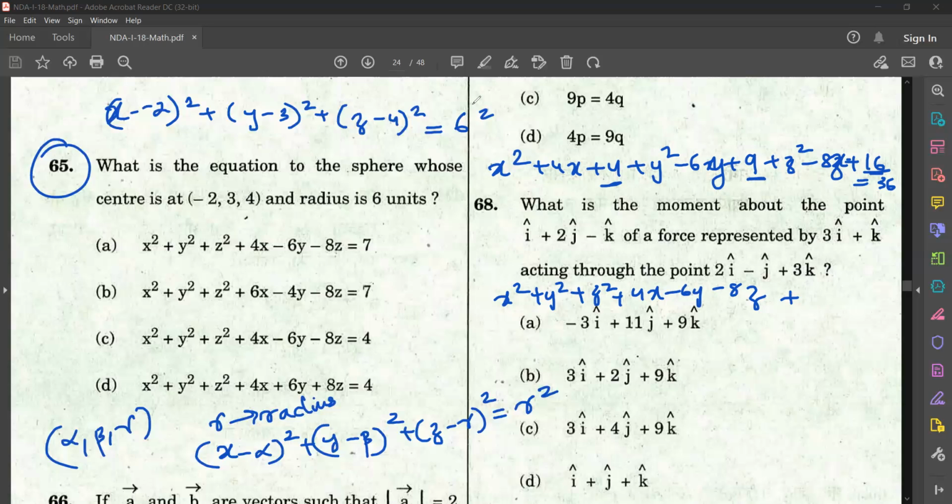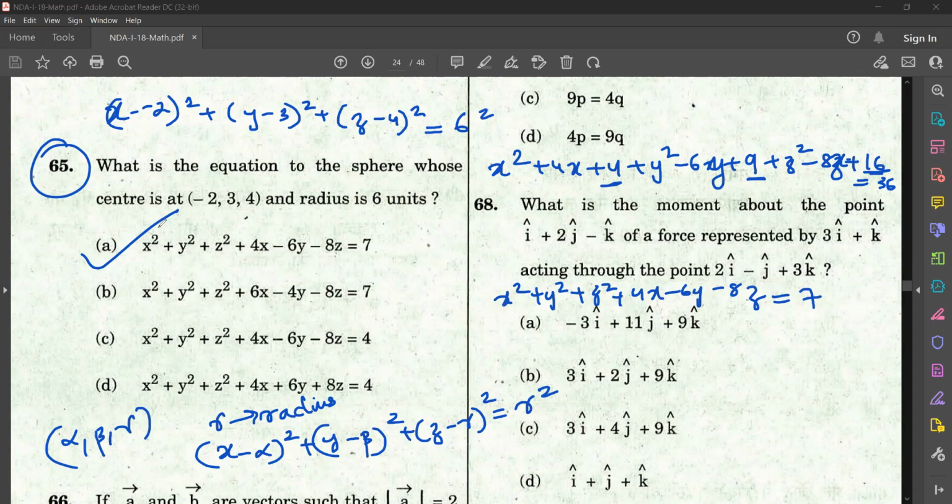You take the other side, 36 minus 29, so you'll be getting 7. So x square plus y square plus z square plus 4x minus 6y minus 8z equal to 7. Option A is the correct answer.